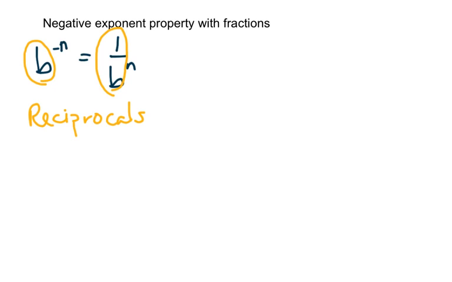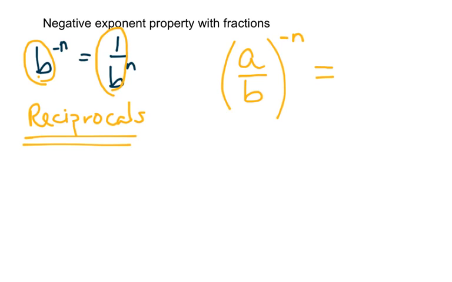So if we think more generally with fractions, the negative exponent property says a over b raised to the negative n power is going to be the reciprocal raised to the positive exponent.